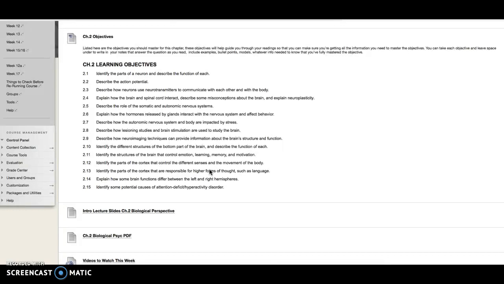So there's a lot of figures in this book, a lot of diagrams that are going to help orient you to the brain and the body, a lot of labeling. This is one chapter that note cards would be super helpful in, just for all the definitions.